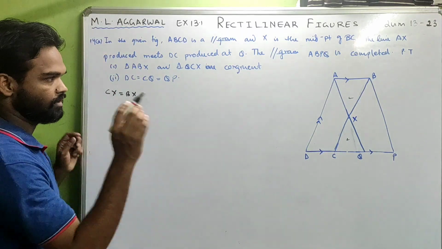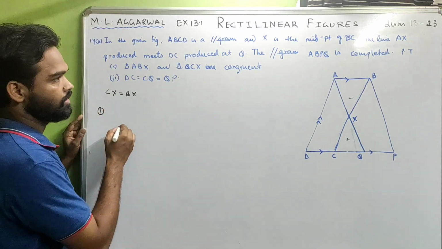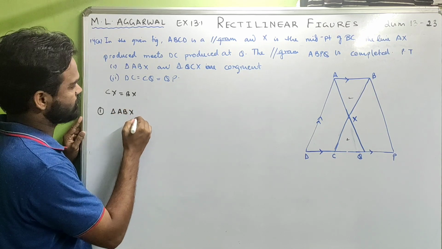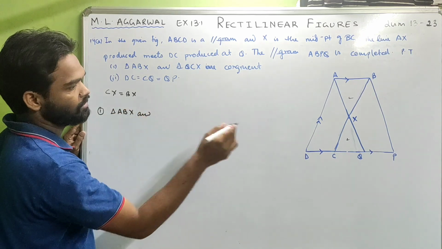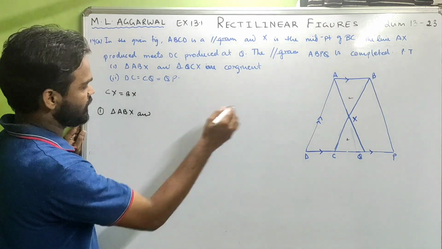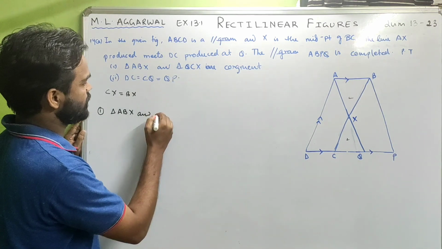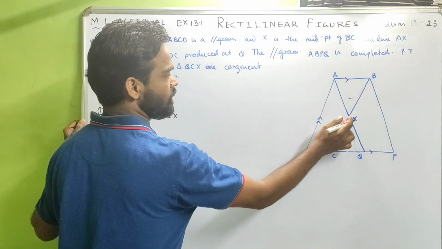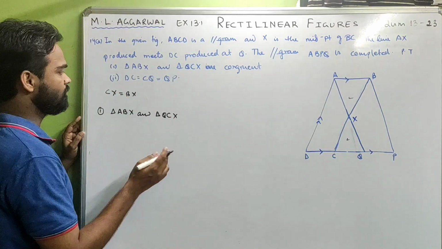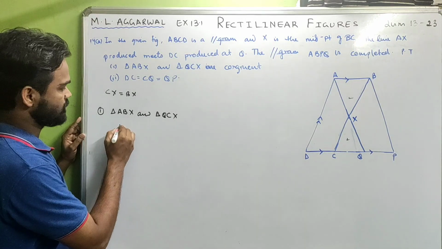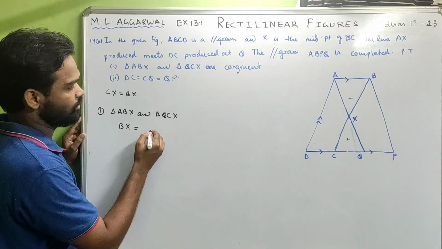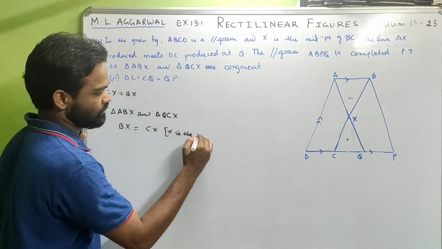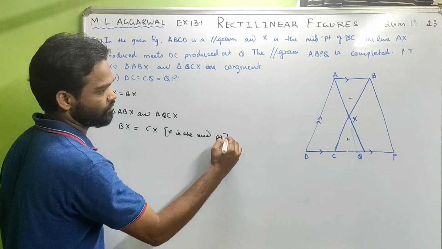Very easy. First look, in triangle ABX and QCX. First of all, CX equals to XB, which means I'll write BX is equal to CX, since X is the midpoint, isn't it?